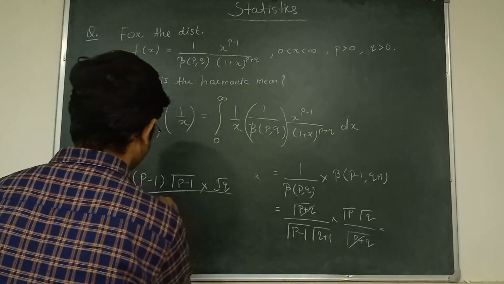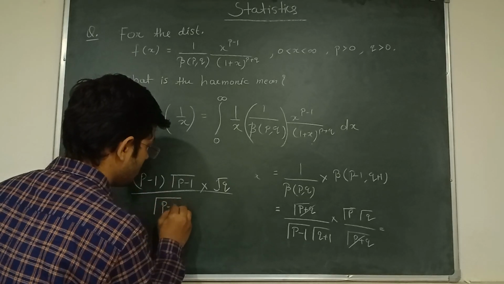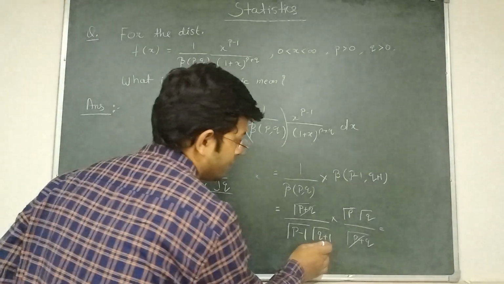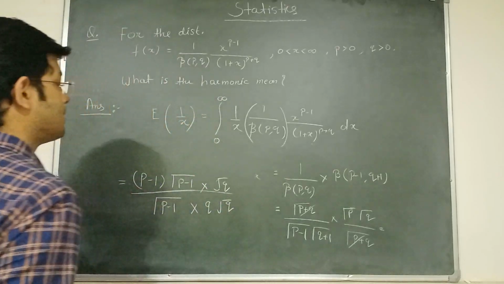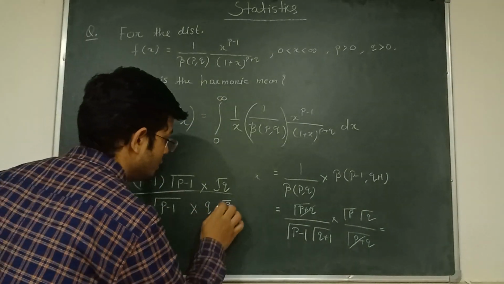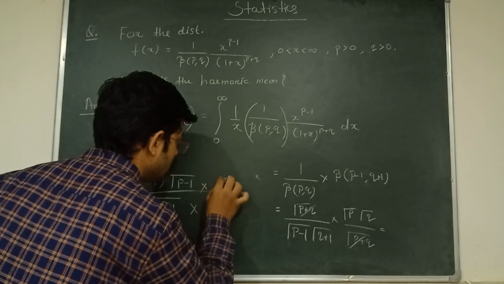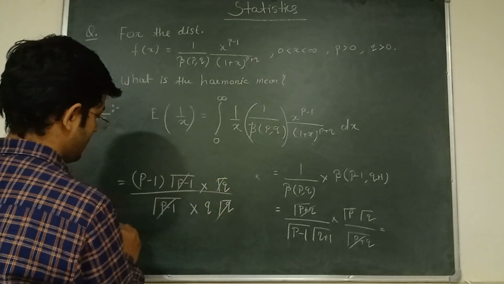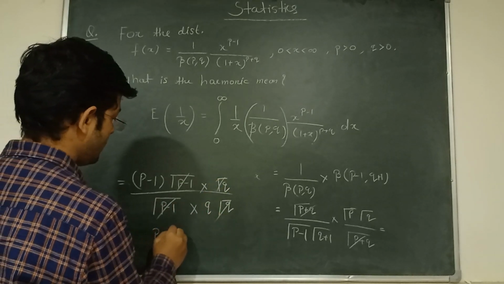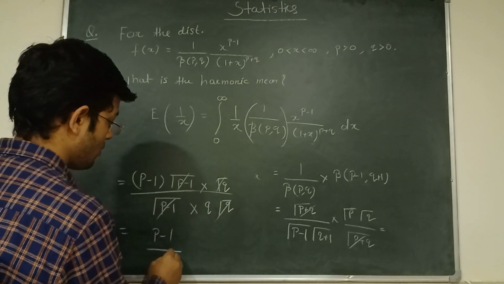So p minus 1, no change, and the q plus 1, q and the q. Sorry, this is not root. So just cancel out this term, and the only remaining part is p minus 1 upon q.